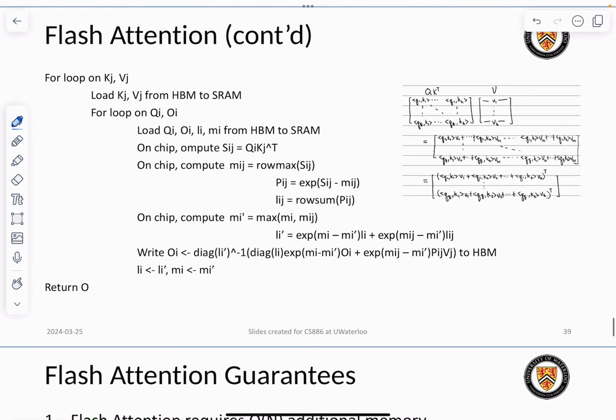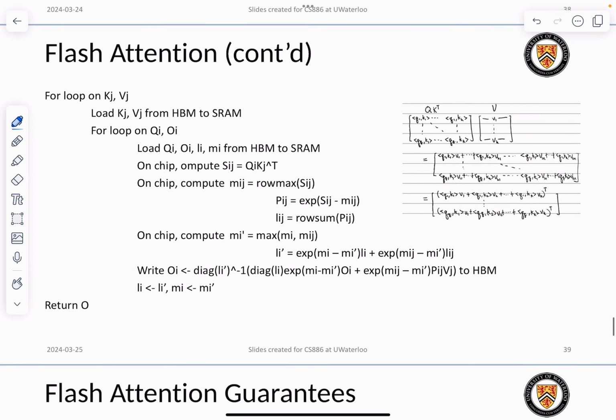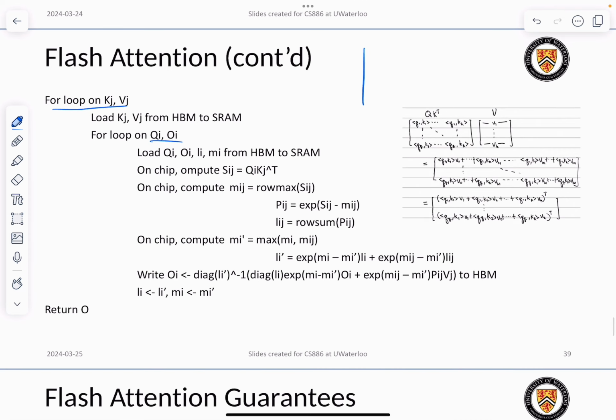So let's take a look at the pseudocode. We first loop on K and V. That means the inner loop is on Q and O. Maybe we should have this Q, O, K, V, L and M. This is our SRAM chip.